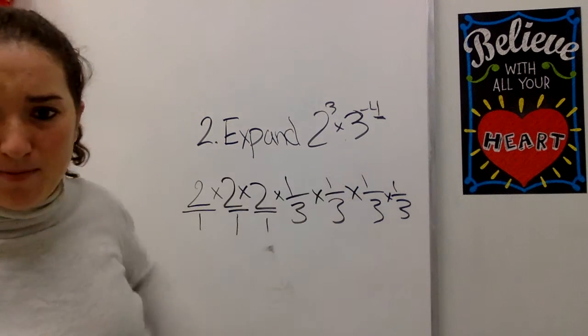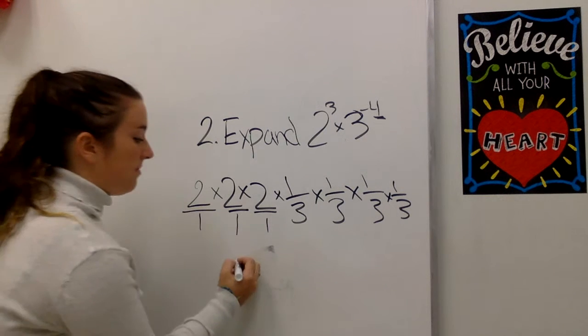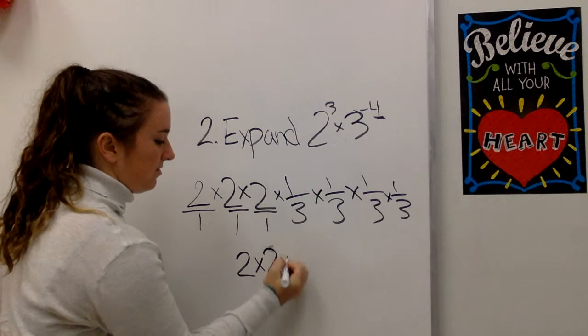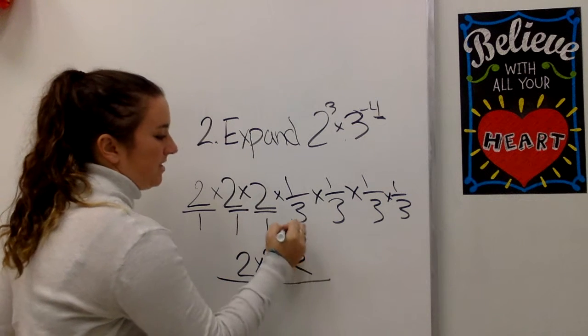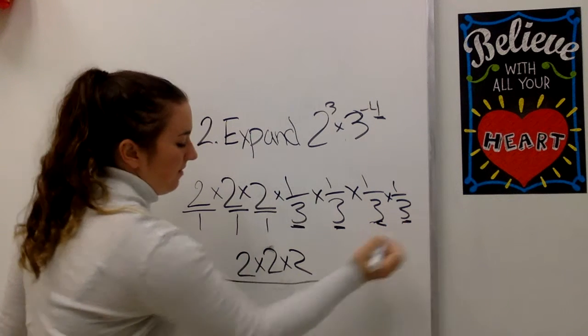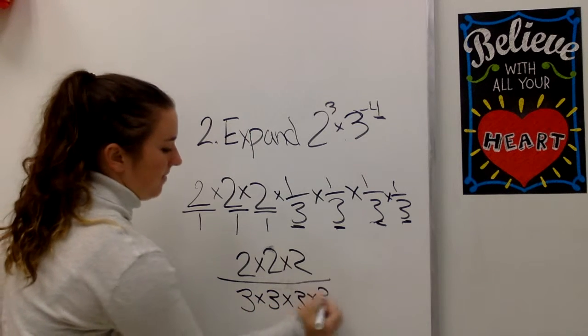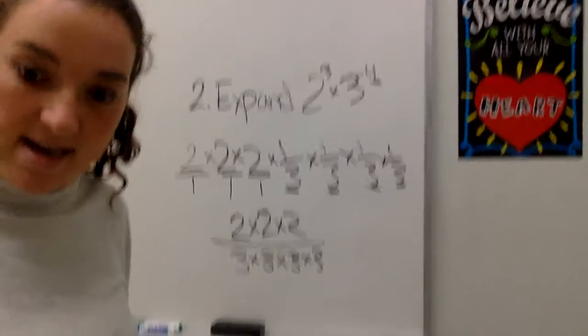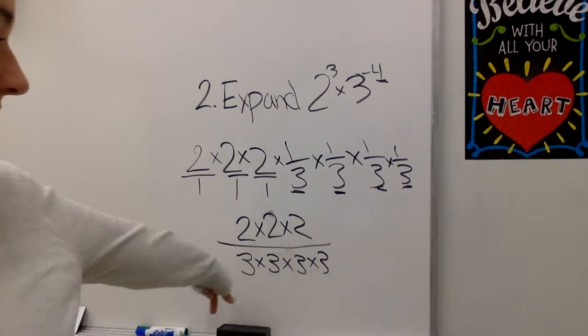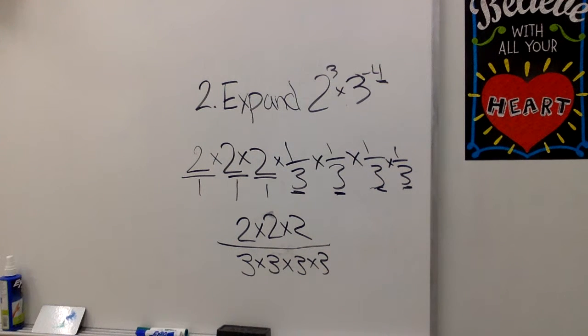The ones don't matter because they just make our answer stay the same. So my numerator is 2 times 2 times 2, over my denominator of 4 3's. Expanded, it is 2 times 2 times 2 over 3 times 3 times 3 times 3.